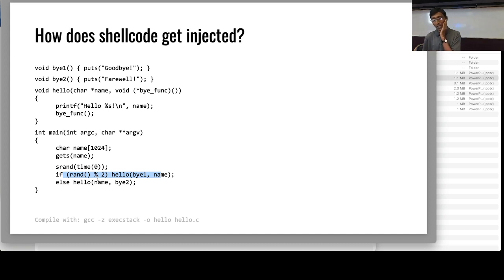So 50% of the time this would be executed, in the sense that the first argument would be the function pointer and the second argument would be the name, the data. The other time, the first argument would be the name and the second argument would be the function pointer.